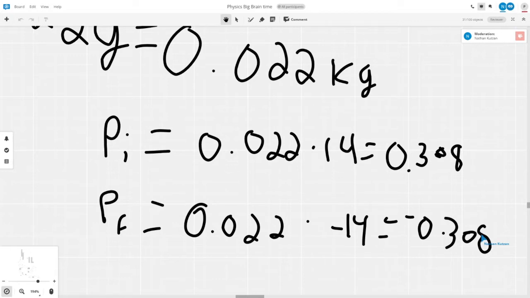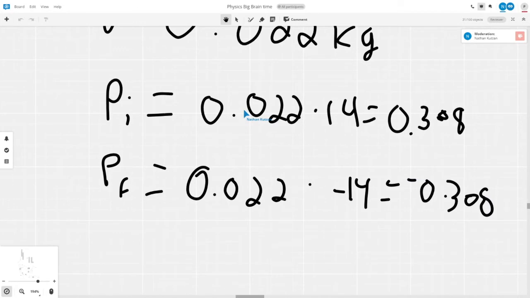Okay, so what is the change in momentum from the initial to final? 0.616.